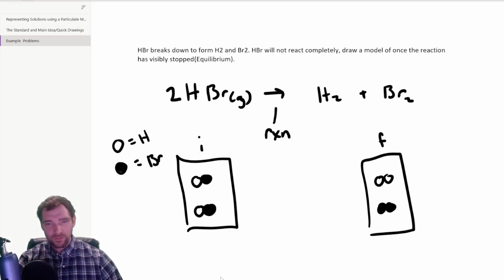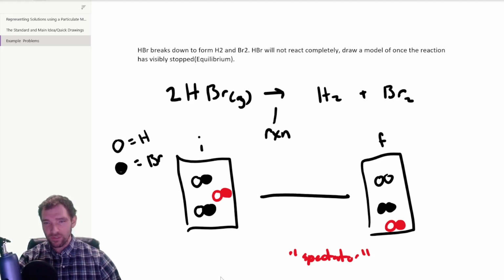But it is possible that you had a little bit of extra HBr that wasn't fully able to react. So there may be some kind of spectator that's present in the initial and the final, even though there's been this reaction.